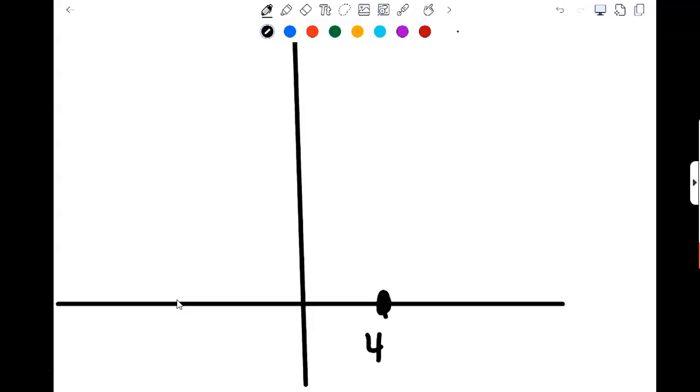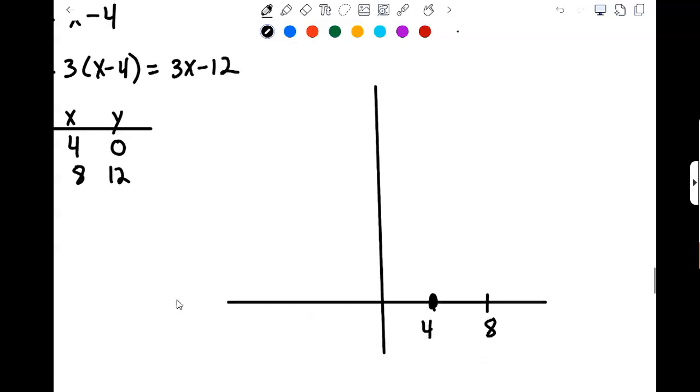The next point was 8, 12. So I'm going to come over here, 8, and then we're going to go up 12. So my second point here on the line would be 8, 12. So the graph is starting at my first point, continuing to the second point. So of course, the direction of motion would be from the first point to the second point.